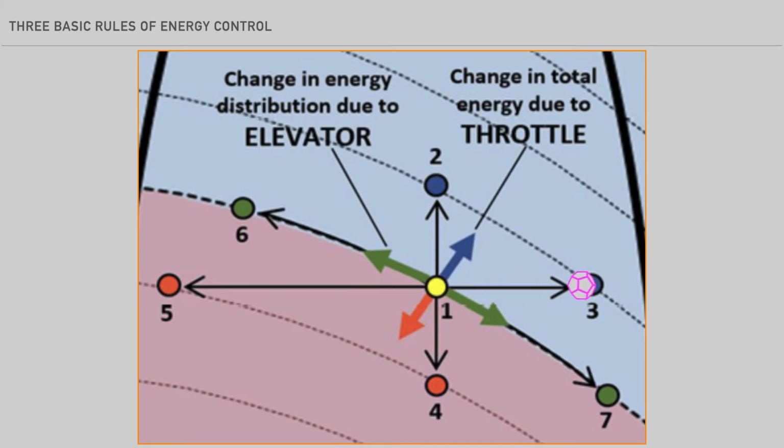The elevator is then used to distribute this excess power to climb to a higher altitude at a constant airspeed, or alternatively, maintain level flight with increased airspeed. Moving to position 4 or 5 requires a reduction in the total energy by decreasing the throttle, and the elevator again used to distribute the energy. Now let's look at each of these rules individually.